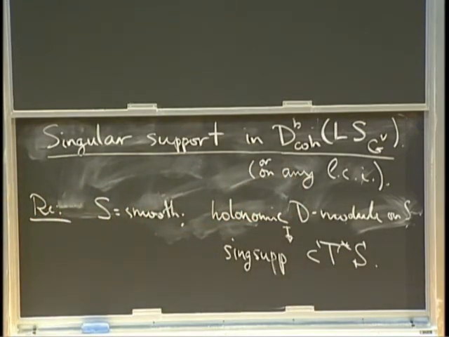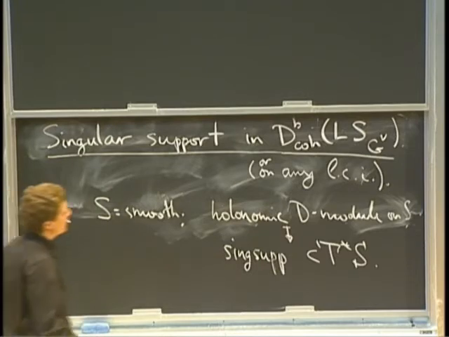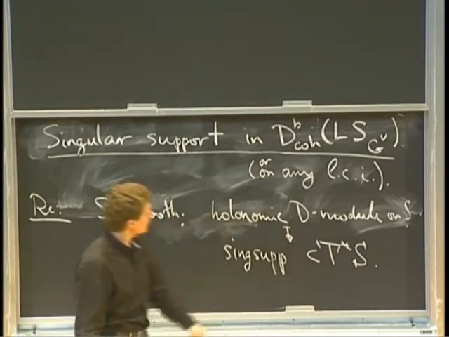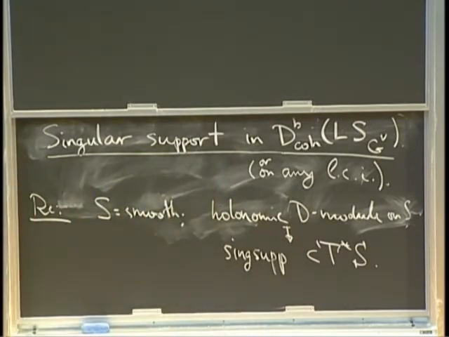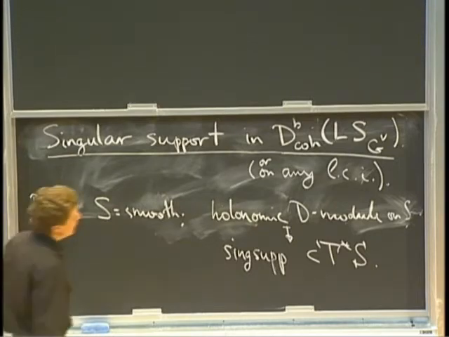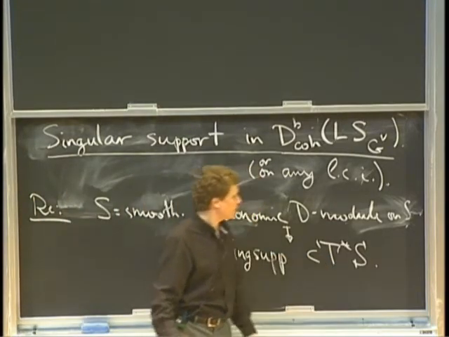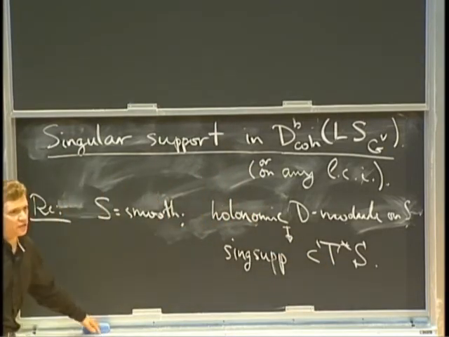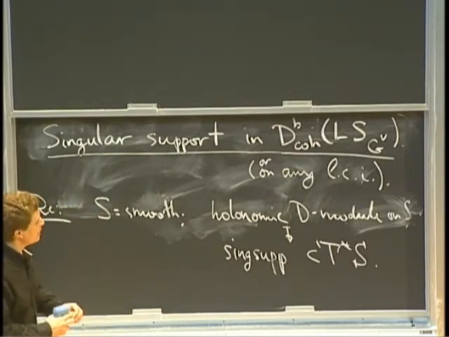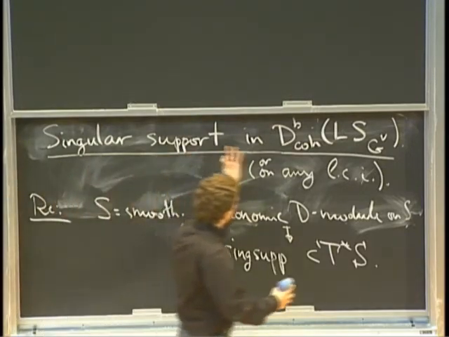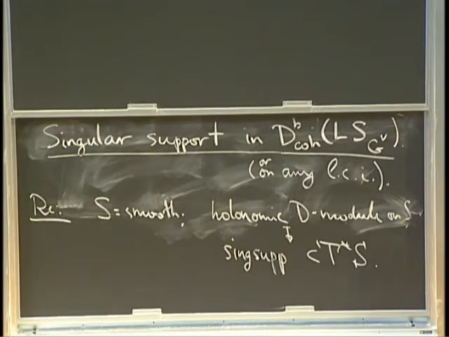It turns out that something very similar is possible for coherent sheaves with the funny modification that instead of looking at the cotangent space, you have to look at the derived cotangent space, which is the reason you usually don't see this immediately.